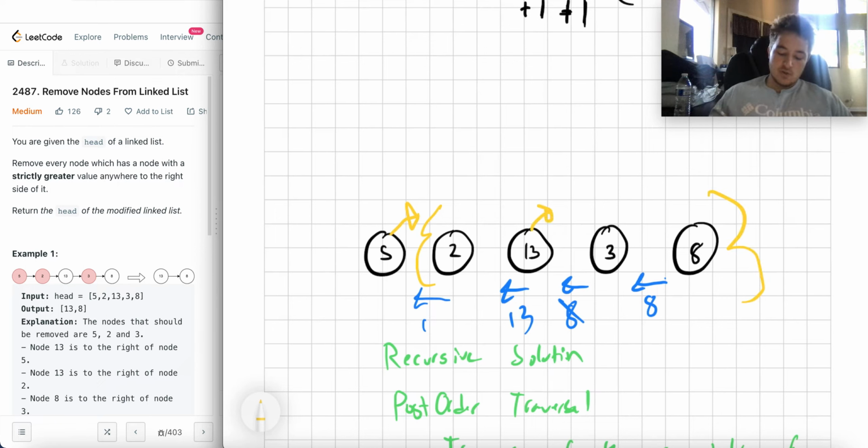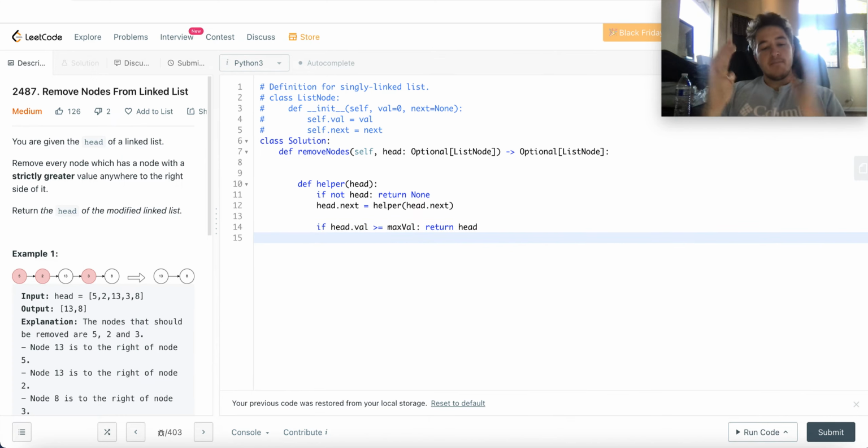Because it means that the head value is greater than or equal to the max value, actually. So if my value is larger or equal to anything to my right, then I keep it. So that means I just return the head. But if my value is not greater than or equal to anything to my right, then I return head.next. So I don't include this value, right? I return the sub-solution, right?